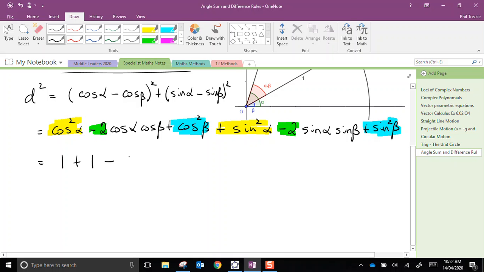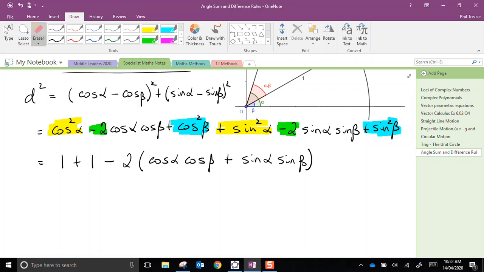So let's factorise that. Let's take that -2, and it would leave cosine alpha cosine beta plus sine alpha sine beta. Now, at the risk of annoying people, I'm just going to rub that out and replace 1 plus 1 as 2. So that's d squared. Let's call that equation 2.